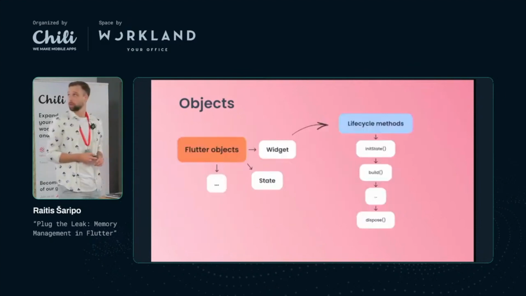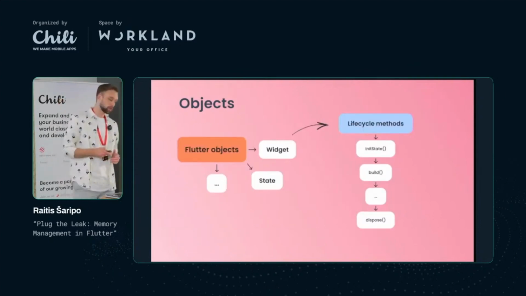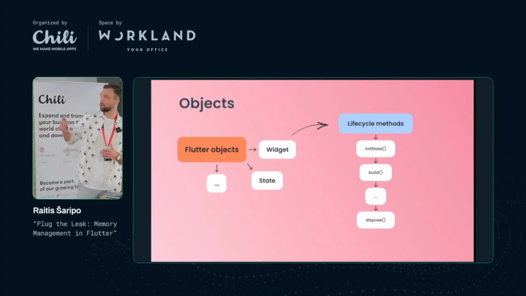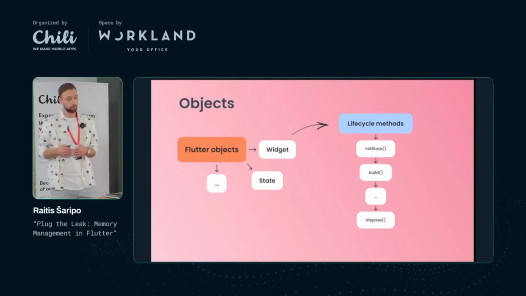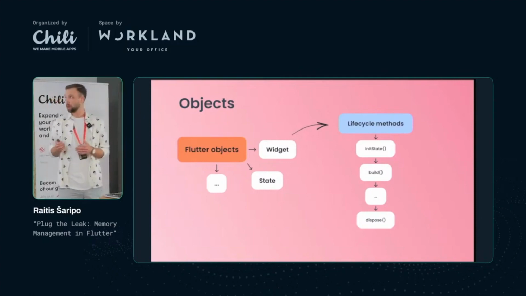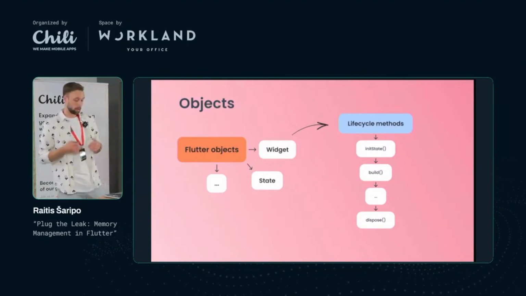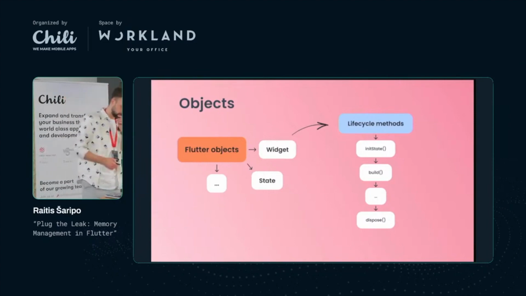The difference between Dart objects and Flutter objects is that Flutter objects come with their own unique set of characteristics. For example, a widget comes with lifecycle methods. It's immutable, and it can be associated with other objects like state, which in fact is mutable, and so on, just as an example.